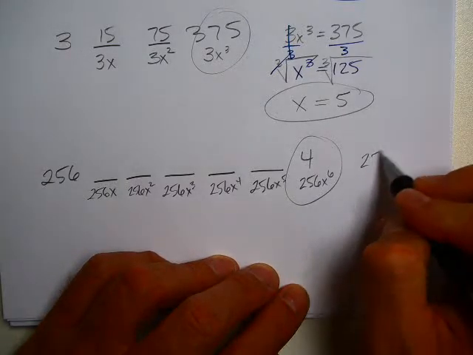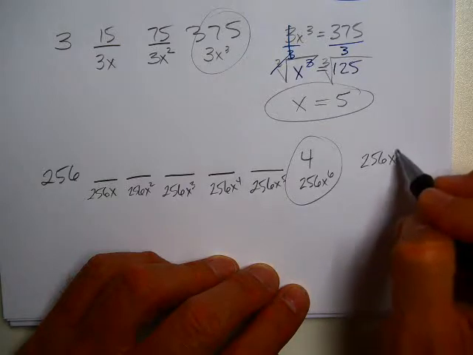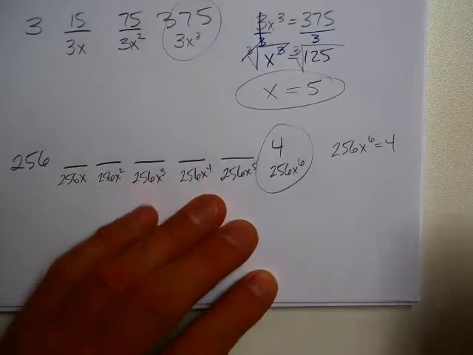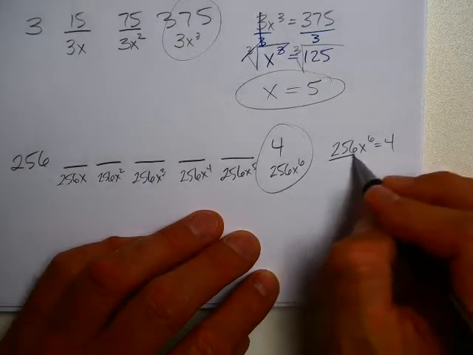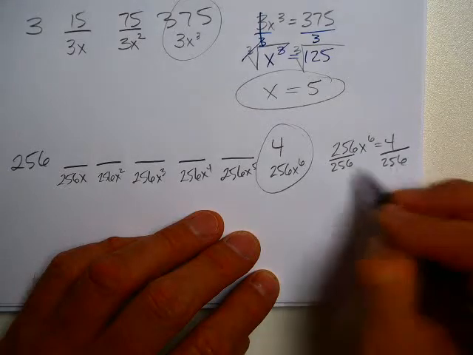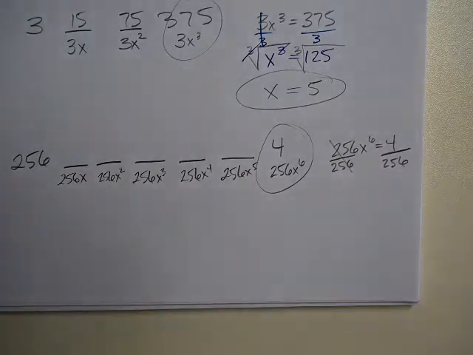Okay, so 256 x to the sixth equals 4, and you do want to divide by that 256. It's going to give us a very small number. So 4 divided by 256.